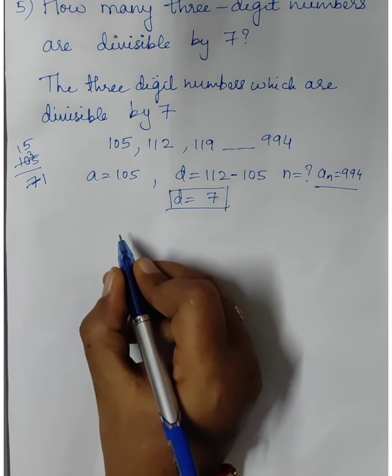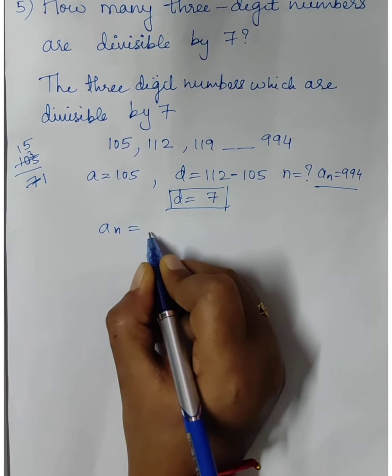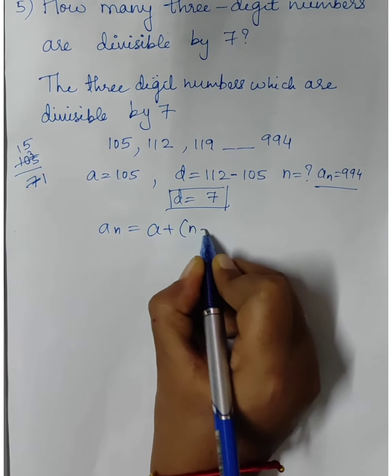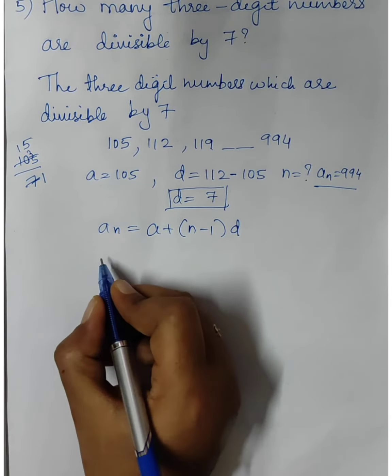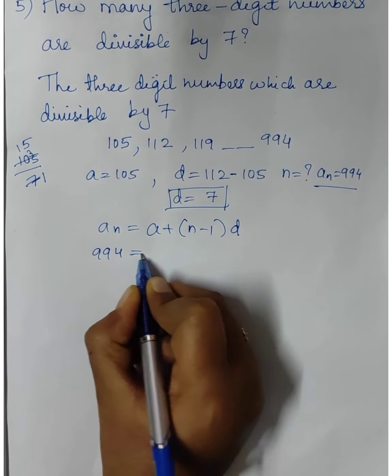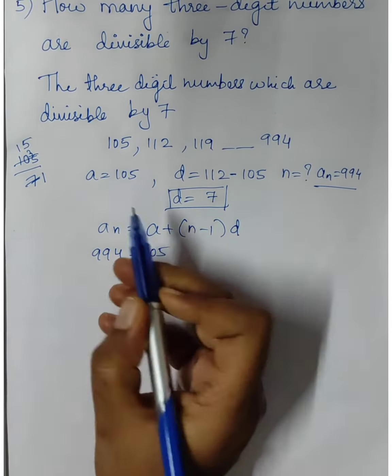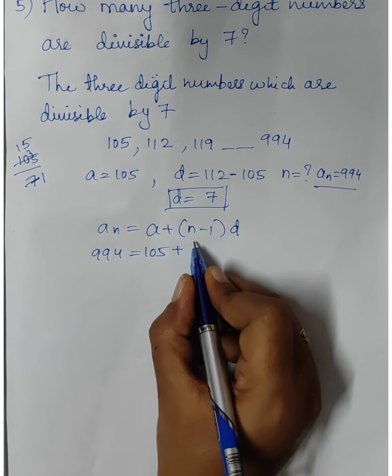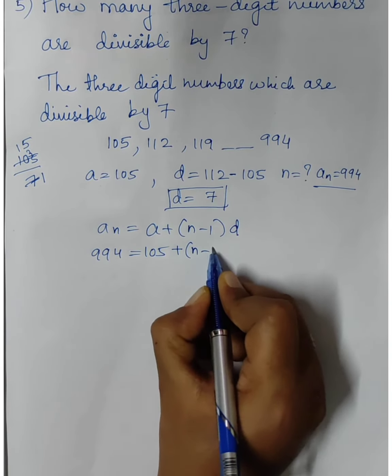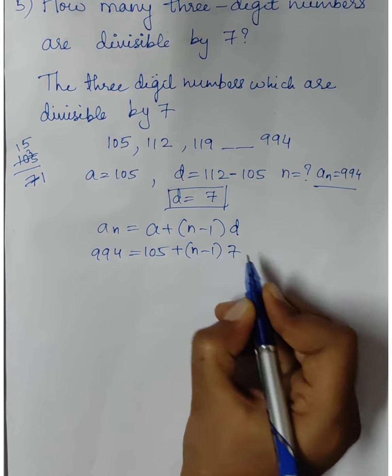Okay, next I am going to write the formula. AN is equals to A plus N minus 1 into D. Okay, so what is AN? AN is 994, which is equals to A value is 105 plus N minus 1 as it is, because N is not given. What is D? D is 7.